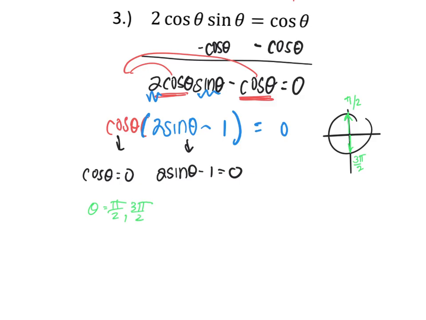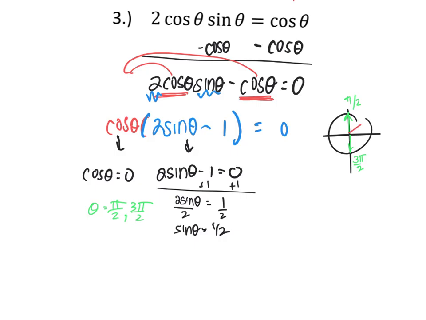And then for our other one, oh, I should have kept solving that. I can add 1 to both sides. We get 2 sine theta equals 1. Divide by 2 both sides. So I'm looking for where is sine theta equal to 1/2.